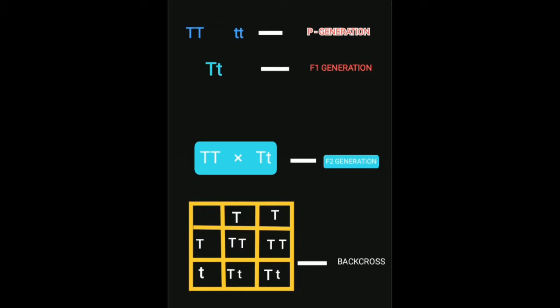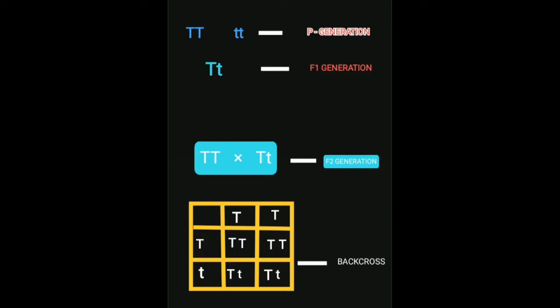So here we can see that in a parental generation, the tall plant and the dwarf plant were crossed, and in the F1 generation we got a heterozygous dominant plant. This heterozygous dominant plant will be backcrossed with either of the parents.